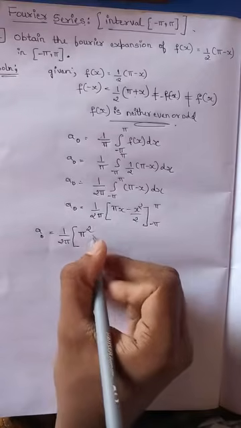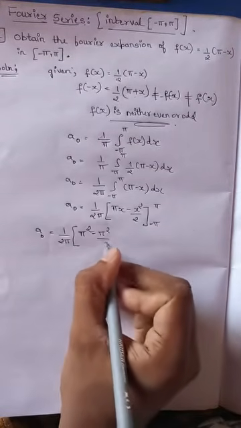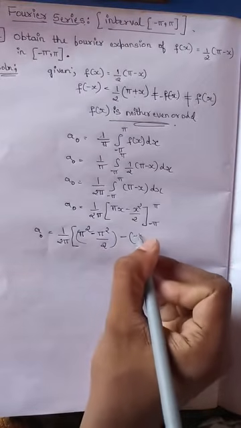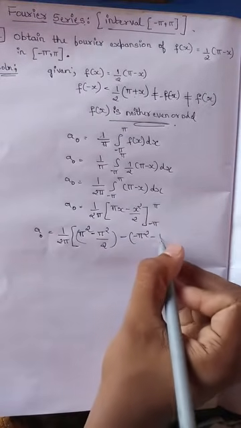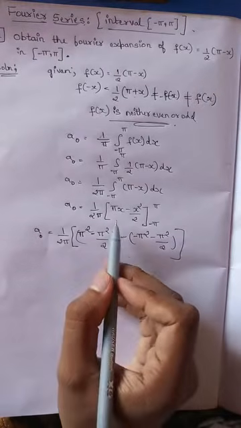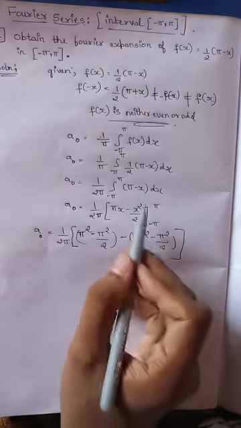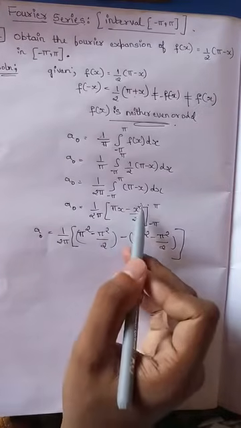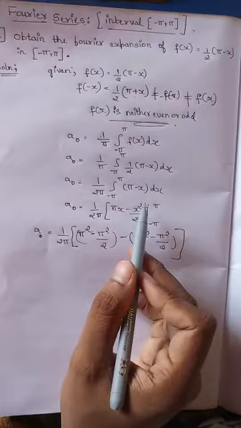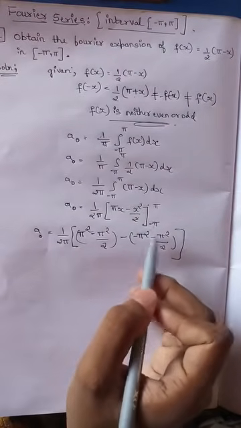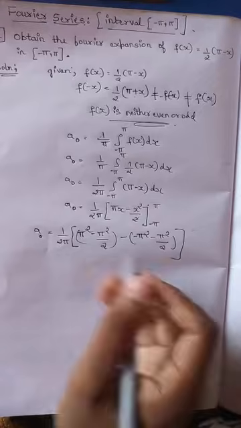In the place of x we need to substitute the limits, that is pi into pi becomes pi square minus x square, you have to substitute pi square by 2, minus the lower limit: minus pi square minus pi square by 2.